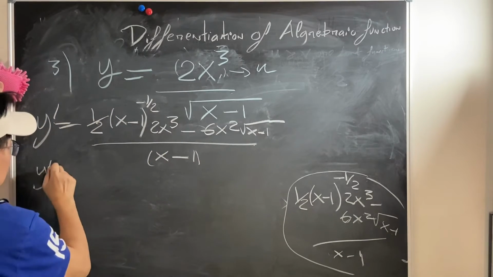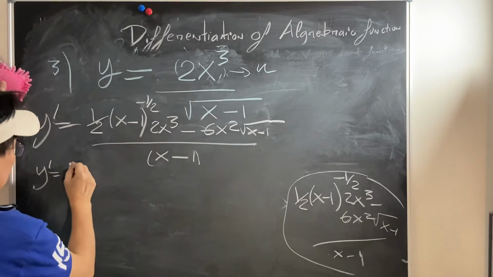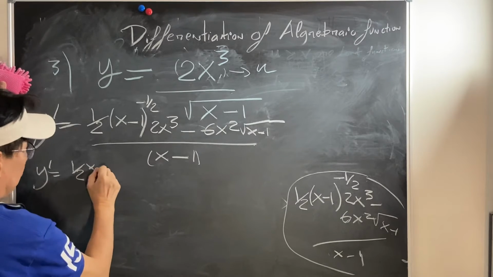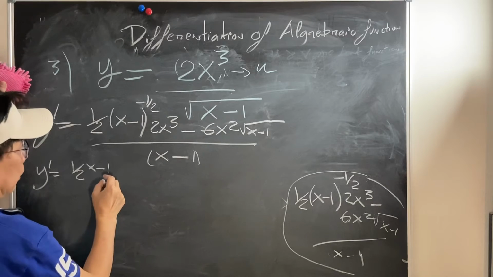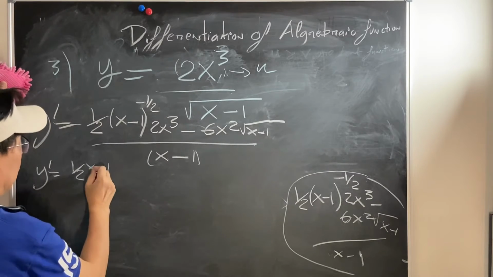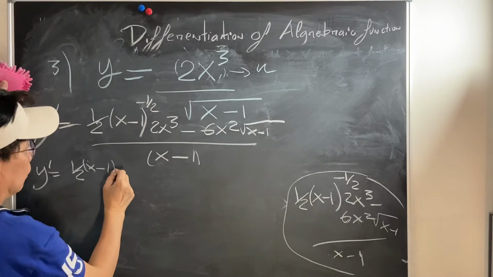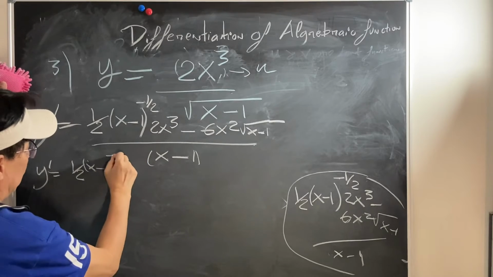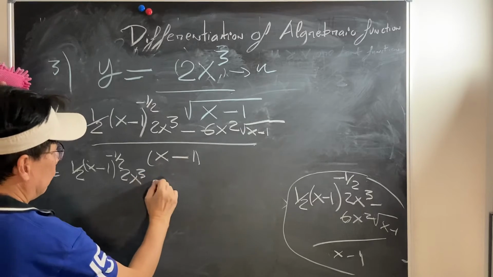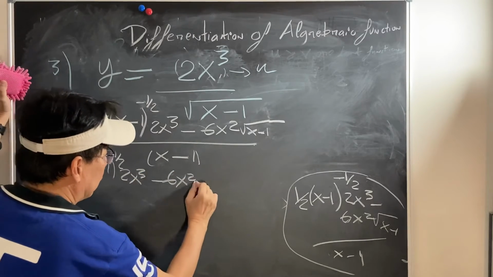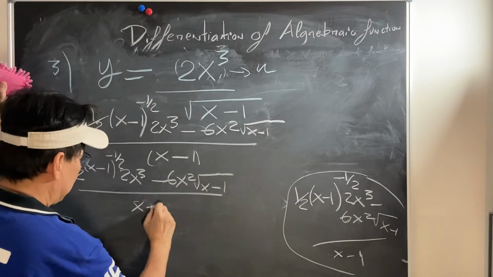Okay, so y prime will be equal to 1/2 of (x minus 1) to the negative 1/2 times 2x cubed minus 6x squared square root of x minus 1, over x minus 1.